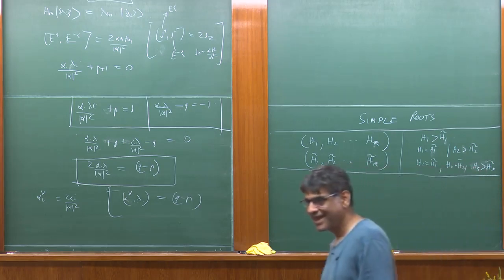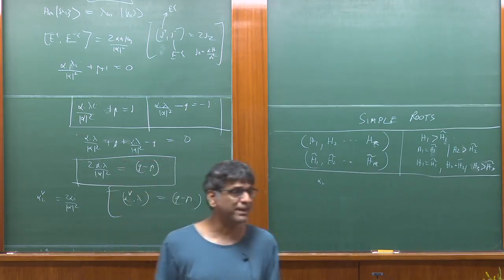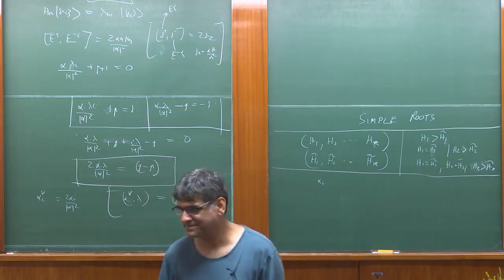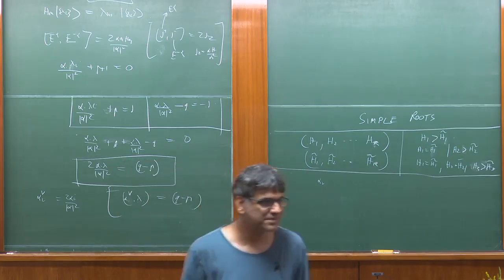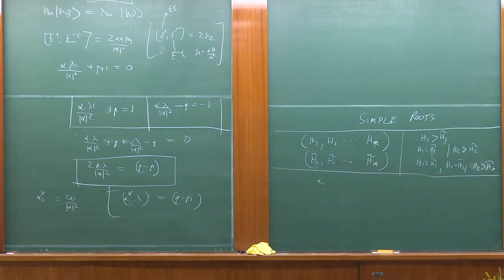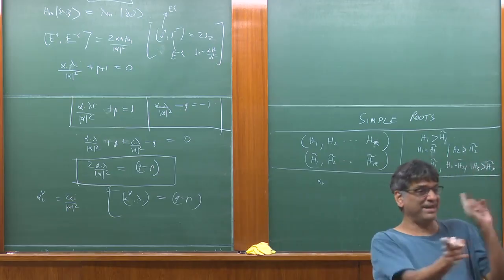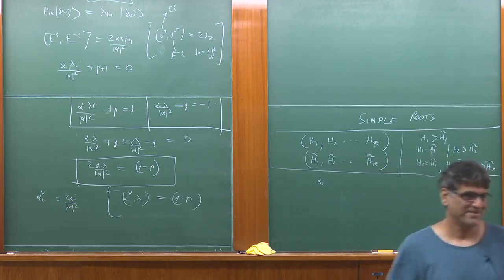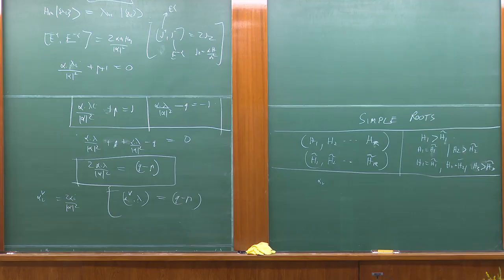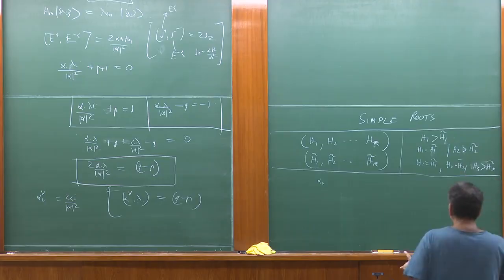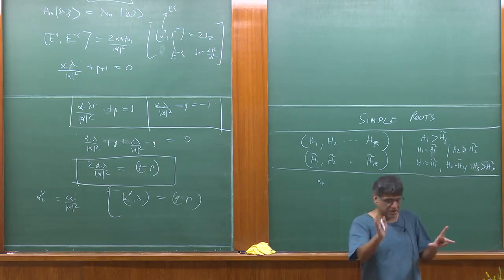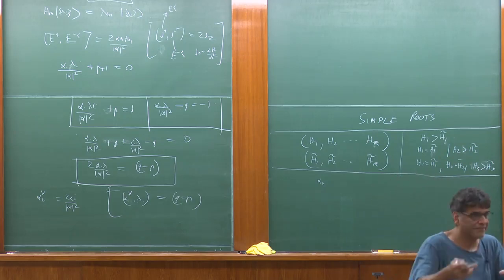Now roots in particular lie in the weight lattice. The weight lattice is an r-dimensional lattice because you're specifying the Cartan charges. So the roots lie in this weight lattice.